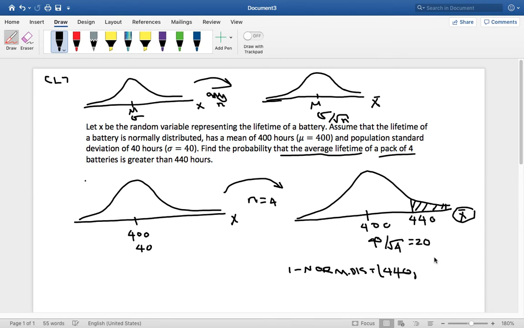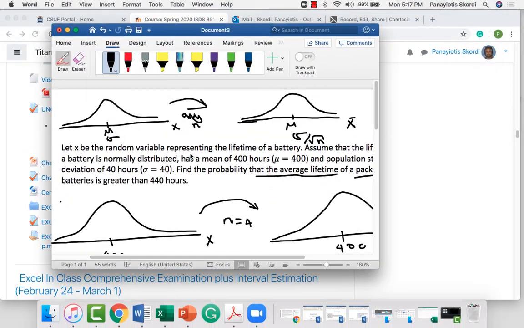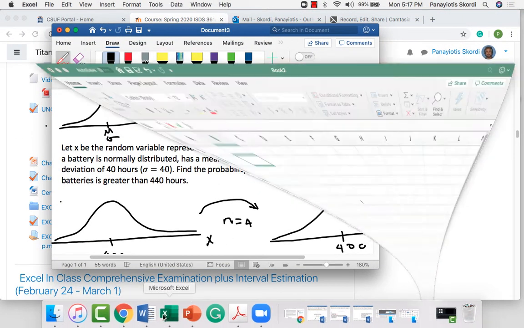It's going to be the mean, which is 400. It's going to be the standard deviation, which is 20. And it's going to be 1 or true to find the area in question. We can pop over to Excel now and do that. So let's go over to Excel.